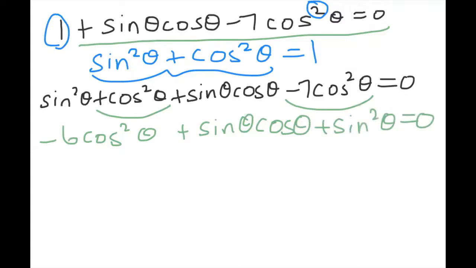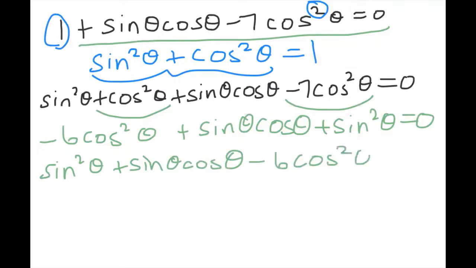So I just rearranged; the only thing I added was the cos squared thetas. Let's just rearrange it and put the sine in front. I'll show you now why. Sine squared theta plus sine theta cos theta minus 6 cos squared theta equal to 0.